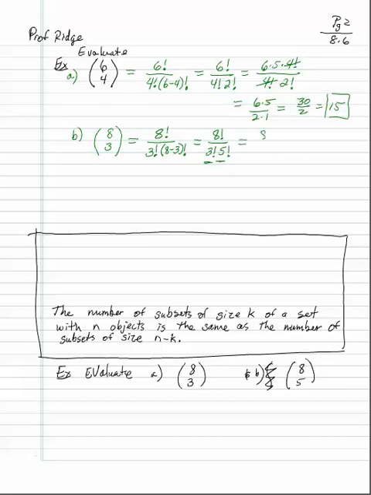So I'm going to go 8 times 7 times 6 times 5 factorial and stop. That cancels the 5 factorial on the bottom. Then 3 times 2 is 6, which cancels the 6, so I get 56.